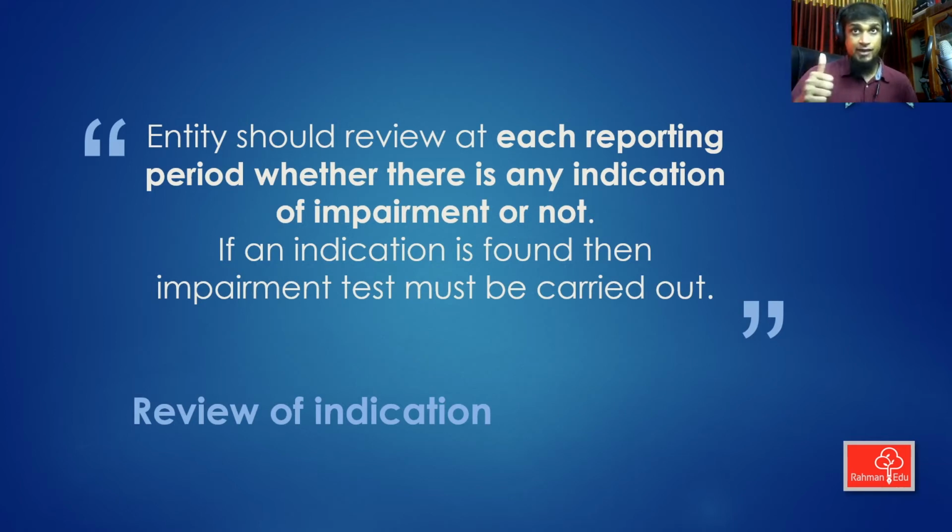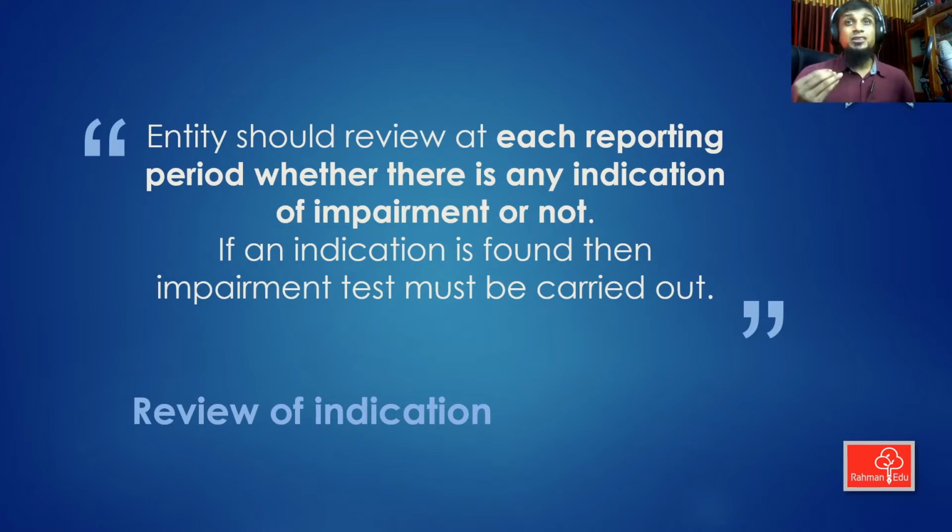I appreciate that. Still, you need to check the condition of that asset. Not only the physical condition, internal condition of that asset, but also external environmental conditions regarding that asset. And that is review of indication of impairment loss. Every single reporting period, you need to do that for your asset.